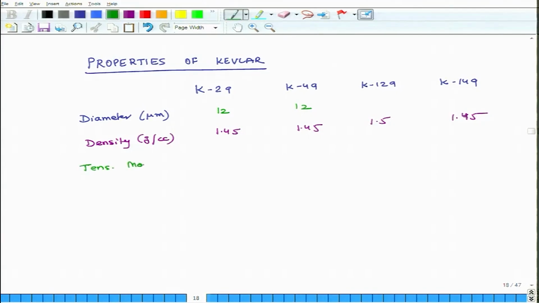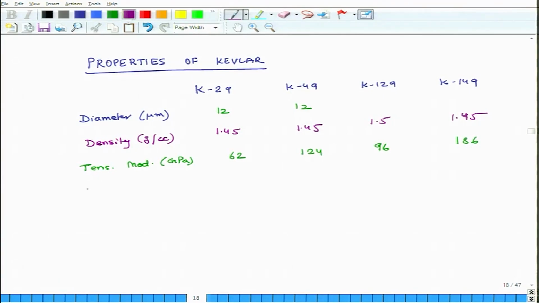But in the tensile modulus, in GPa, there is a significant difference. That is where these things start mattering. 62, this is twice of that, 124, 96 and 186. So, this company has made different flavors of Kevlar. Whatever modulus you want, they will give you, okay.